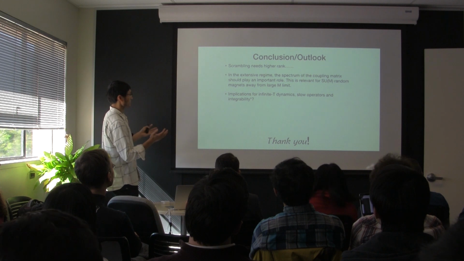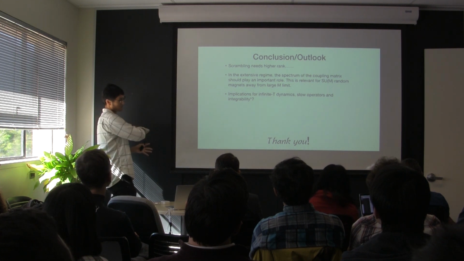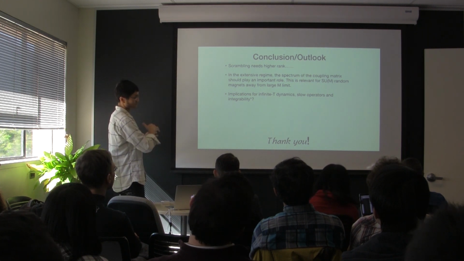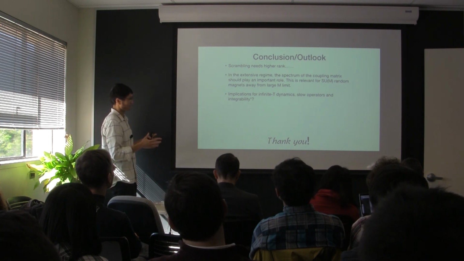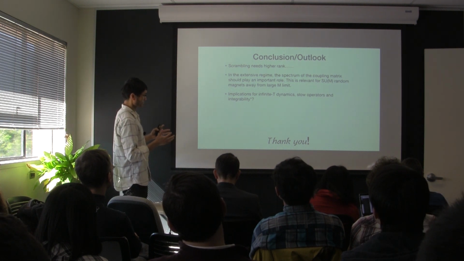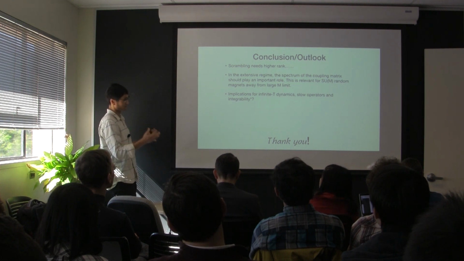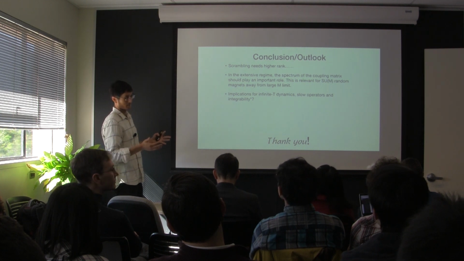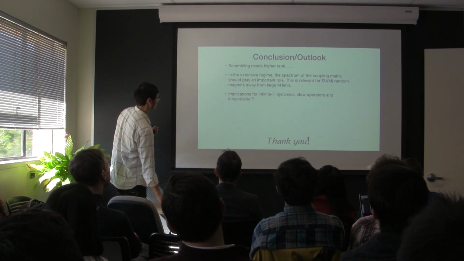And just to relate to the first part of the talk, in the second part we worked at low temperature, and it will be nice to see what we can say about infinite temperature dynamics, such as slow operators and integrability.